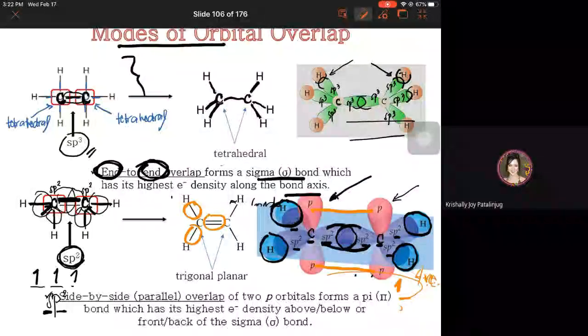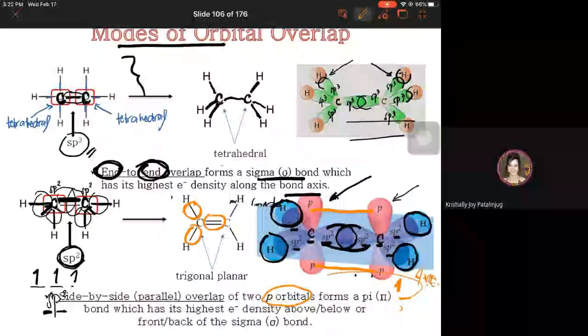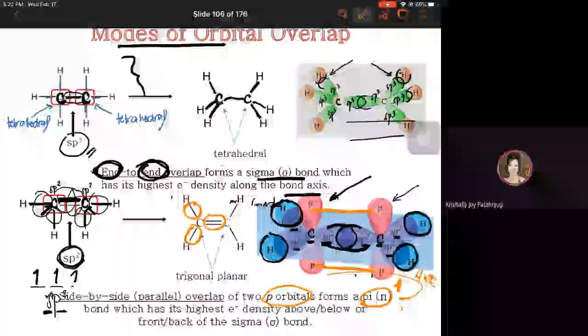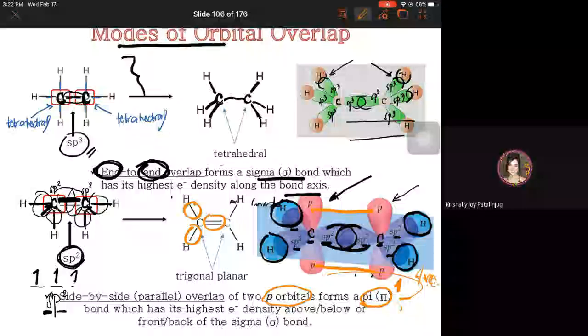Kapag p orbitals nag-overlap, side by side yan, forming a pi bond. Side to side or parallel overlap of p orbitals will form a pi bond.